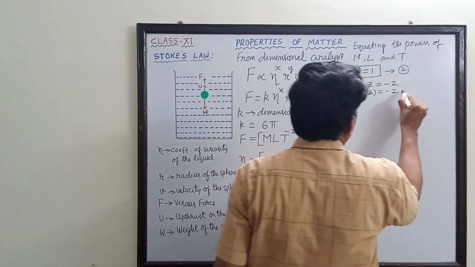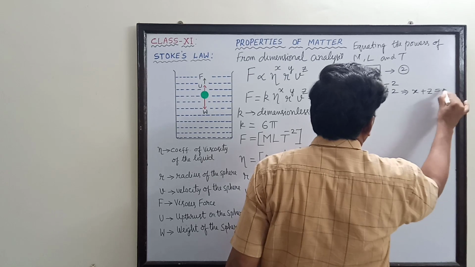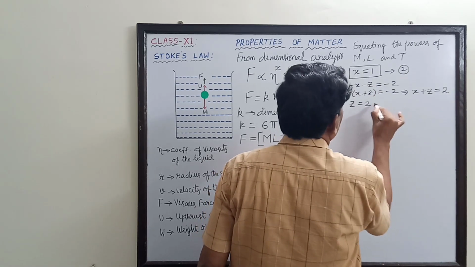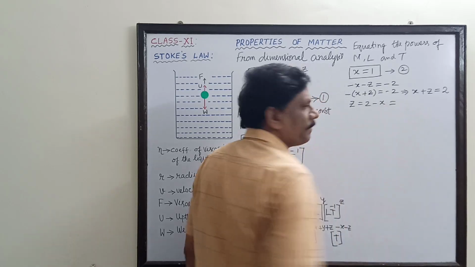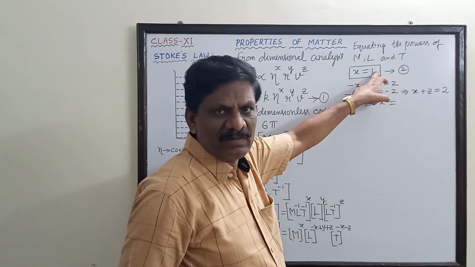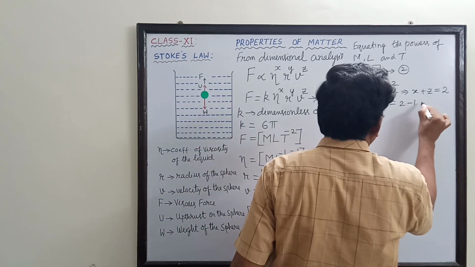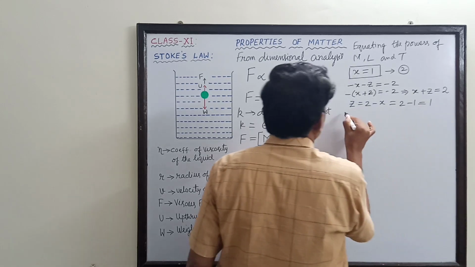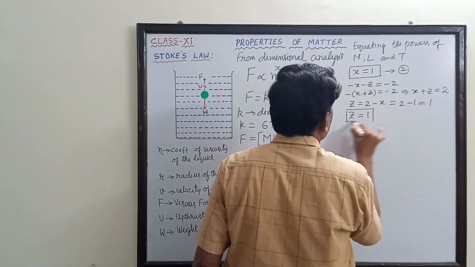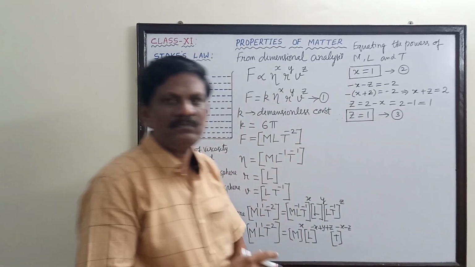This implies z is equal to 2 minus x. But the x value is 1, which we have already determined. So this is 2 minus 1, equal to 1. Therefore, z is equal to 1. And this is equation 3.